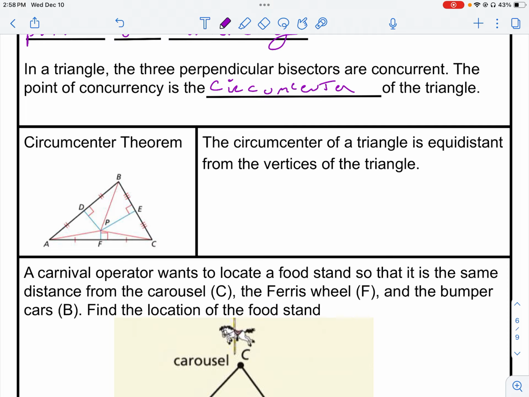So the circumcenter of a triangle, the place where the three perpendicular bisectors meet, is equidistant from the vertices of a triangle.